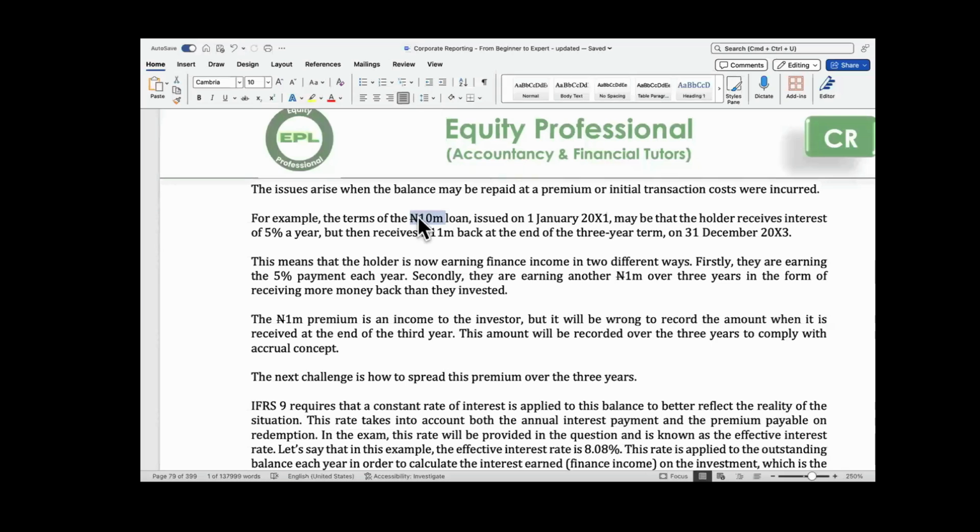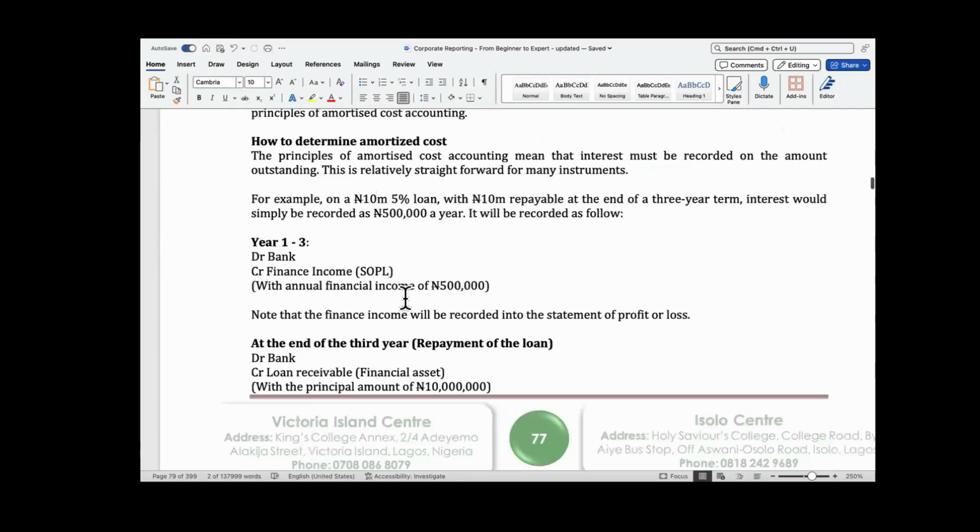So this person in this case is making 2.5 million, because he's getting 5% every year over 3 years, that's 1.5 million. In addition to that, he's going to get 1 million. Unlike the earlier case, where he's just making 500,000 every year, so 1.5 million.